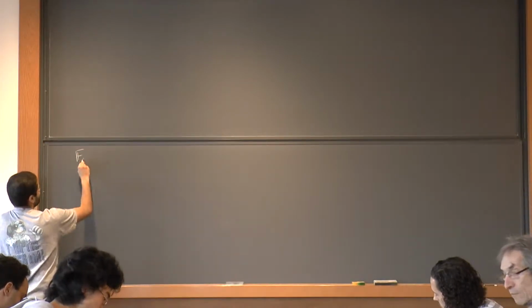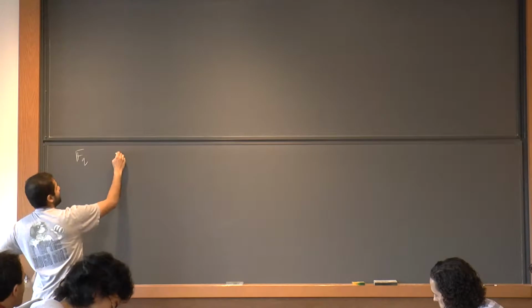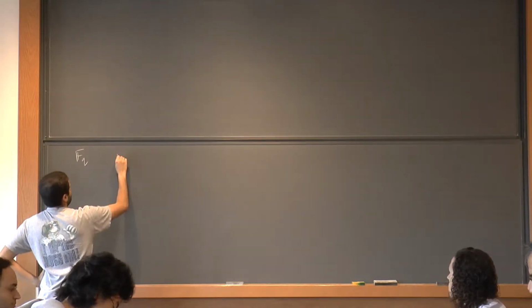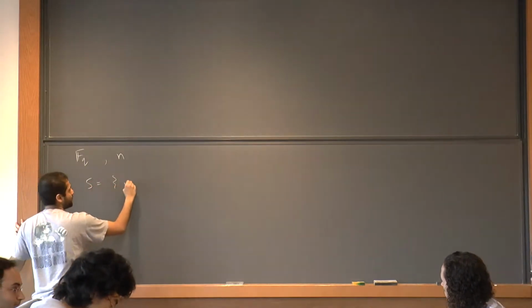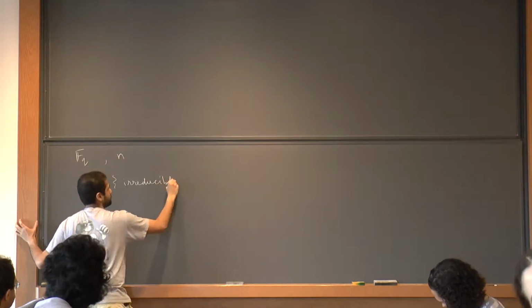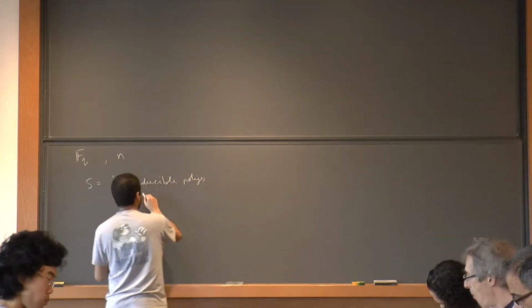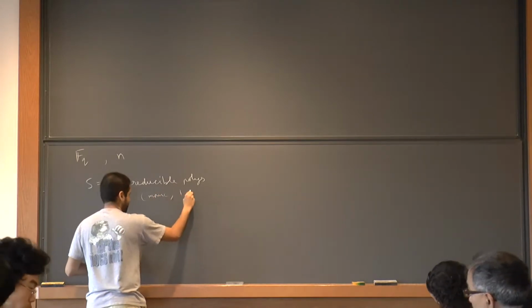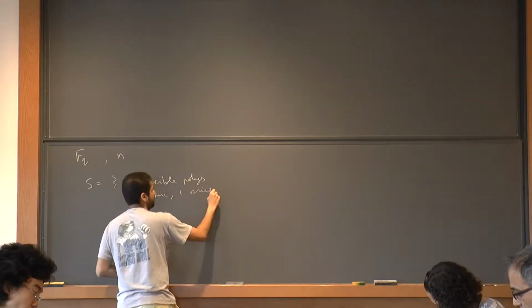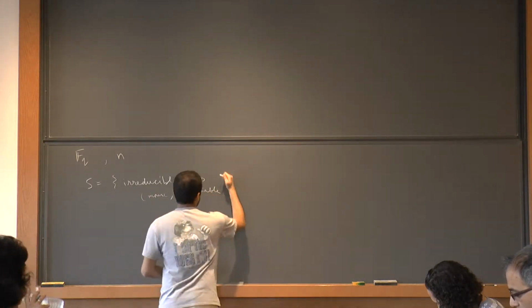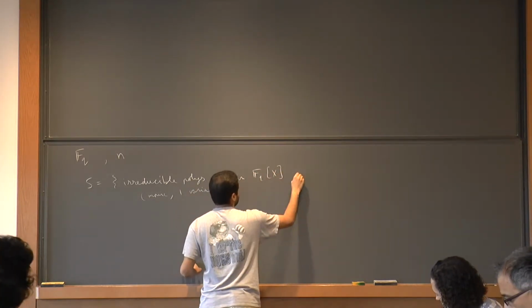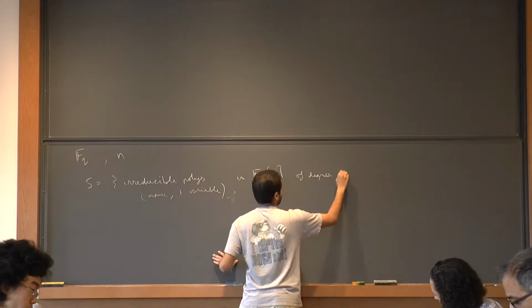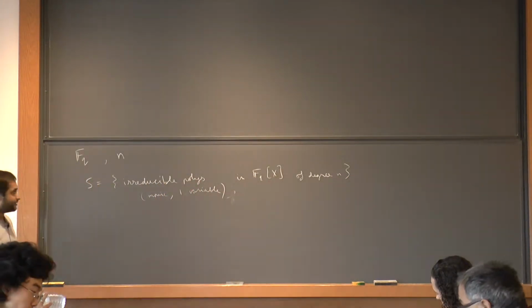And the problem for this talk is the following setting. We have Fq, the finite field of q elements. We have an integer n. And we look at S, the irreducible monic polynomials in one variable, so in Fq[x], of degree n, and the question is to index this set.